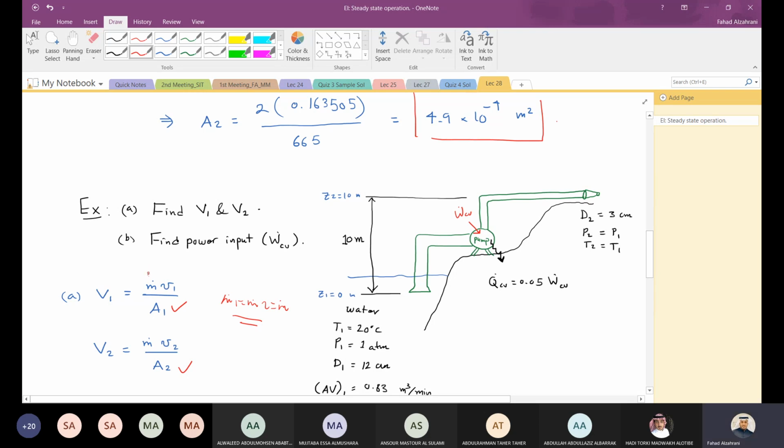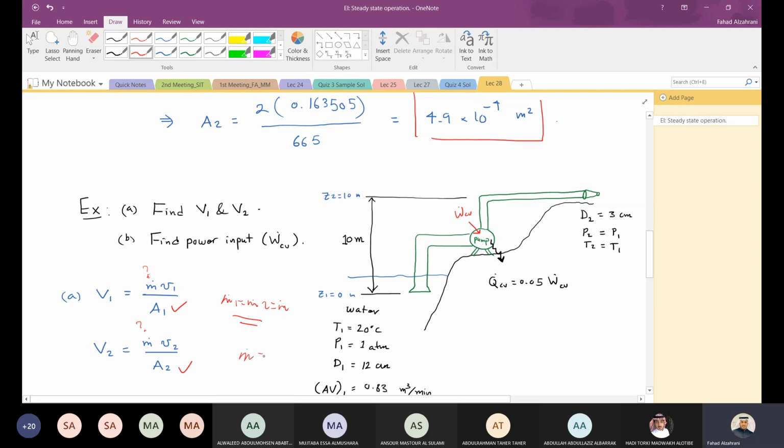Shabab, do I have m dot here? Or can I find m dot? M dot is the mass flow rate. Okay. And if you notice at the inlet, I give you the volumetric flow rate.